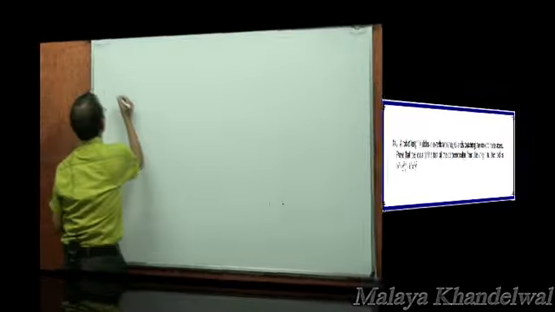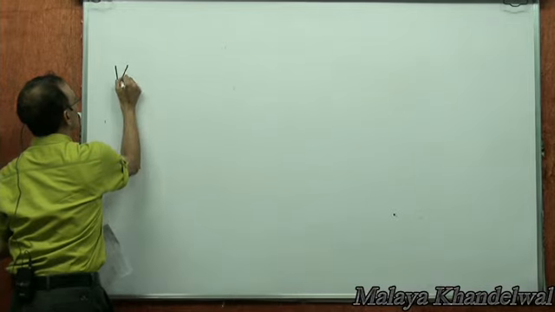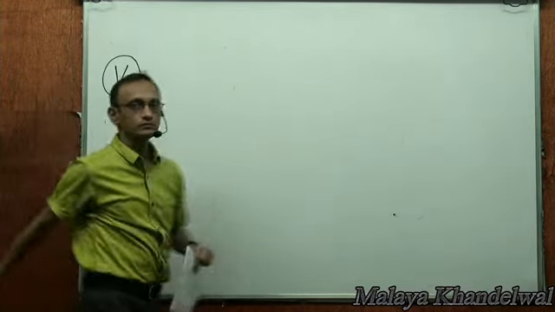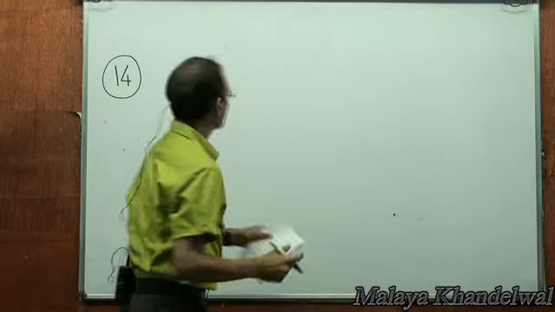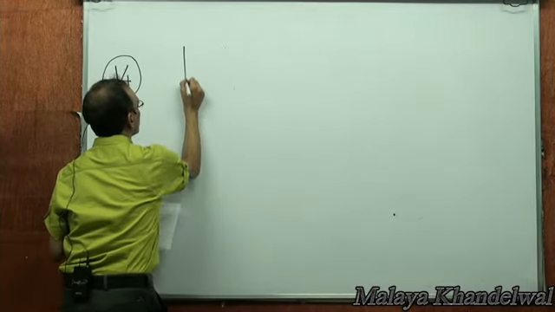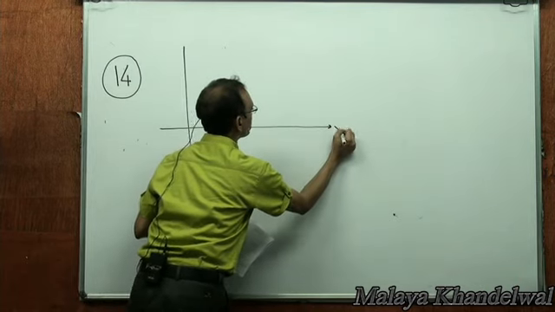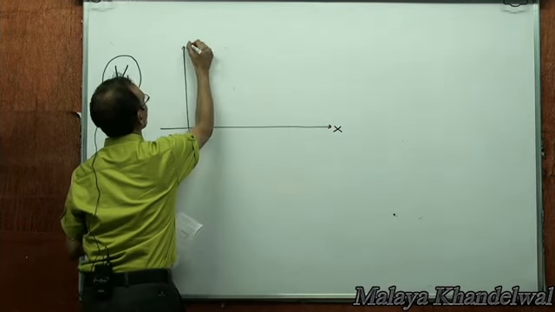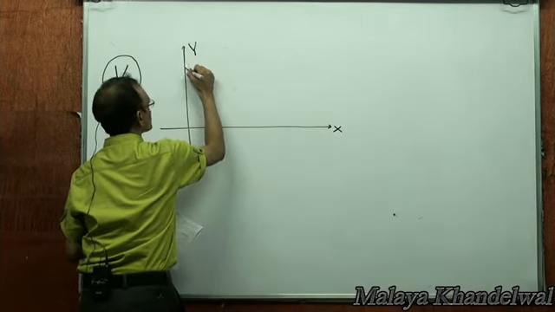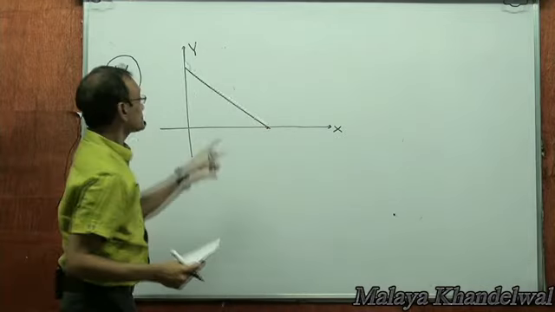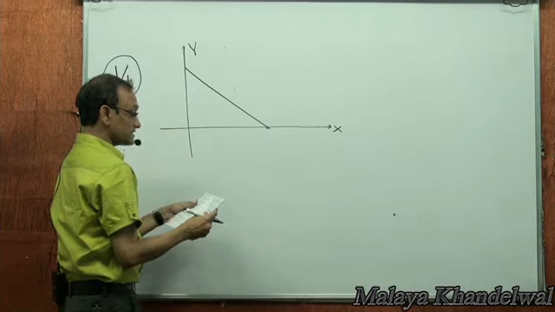Now, problem number 14. There is a rod of length K that slides in a vertical plane.